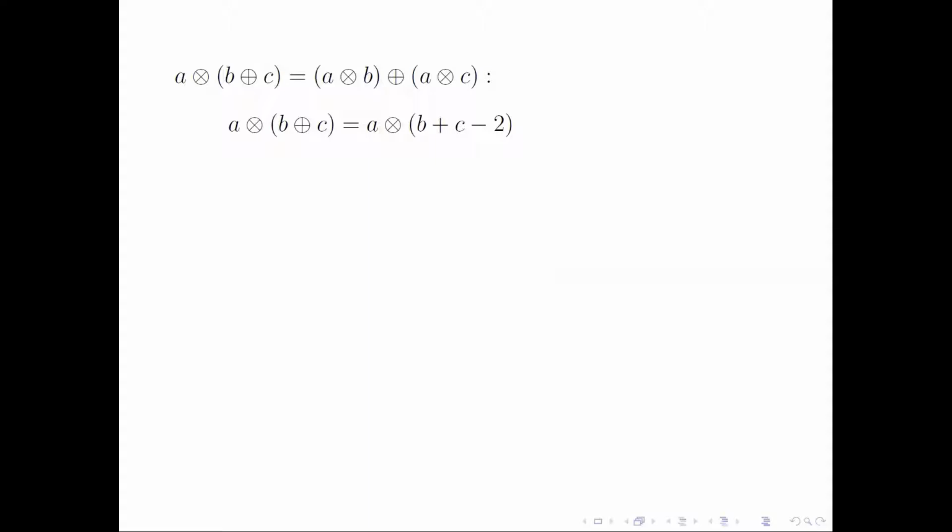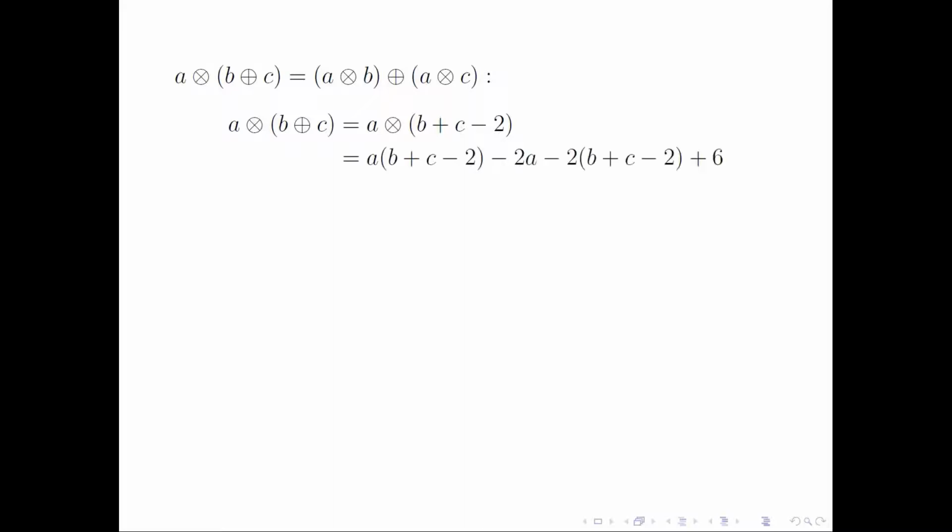First of all, the left-hand side, a circled times (b circled plus c) equals a circled times, we first expand b circled plus c. By definition, that is b plus c minus 2.